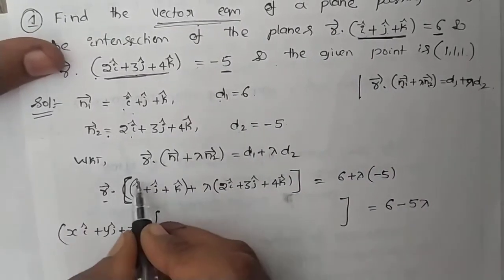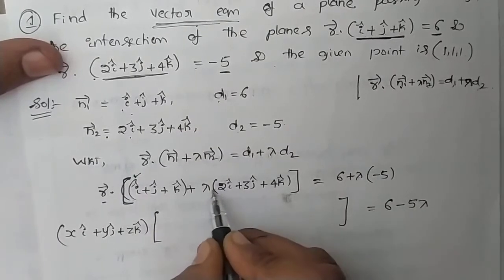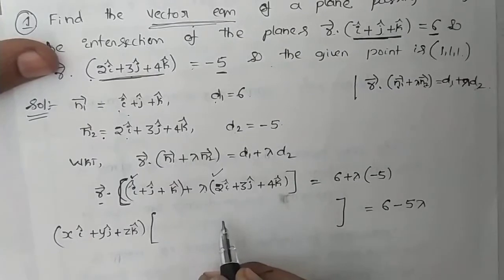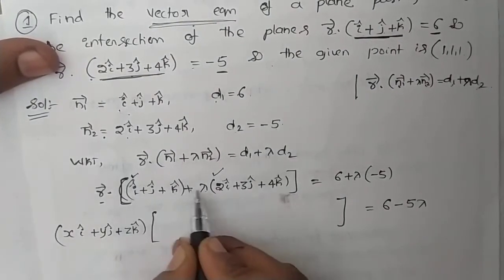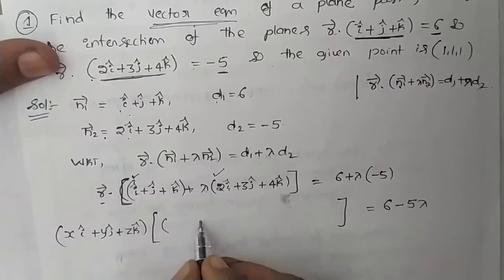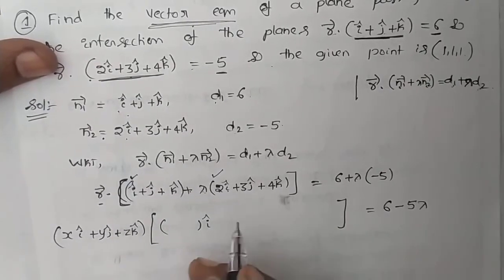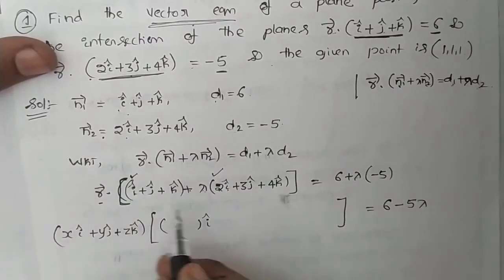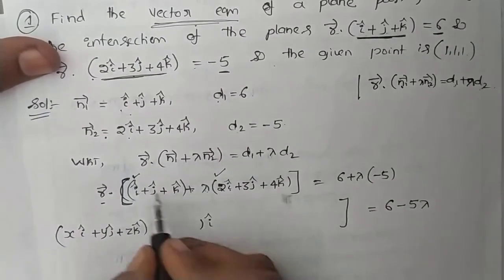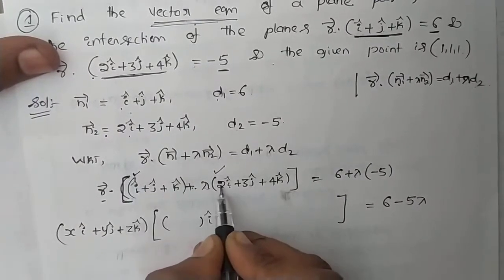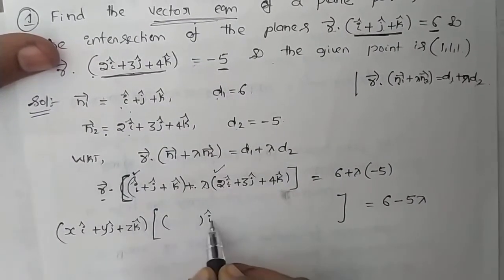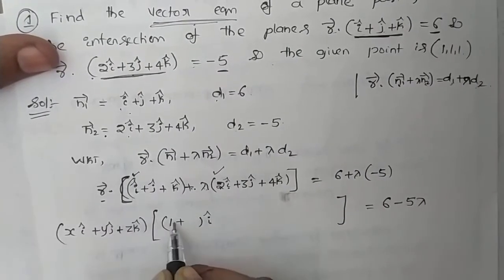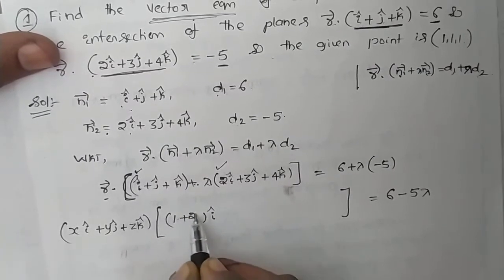You just observe here we have i cap plus lambda times 2 i cap. We will rearrange the i components, j components, and k components separately. The component of i will be 1 plus 2 lambda.